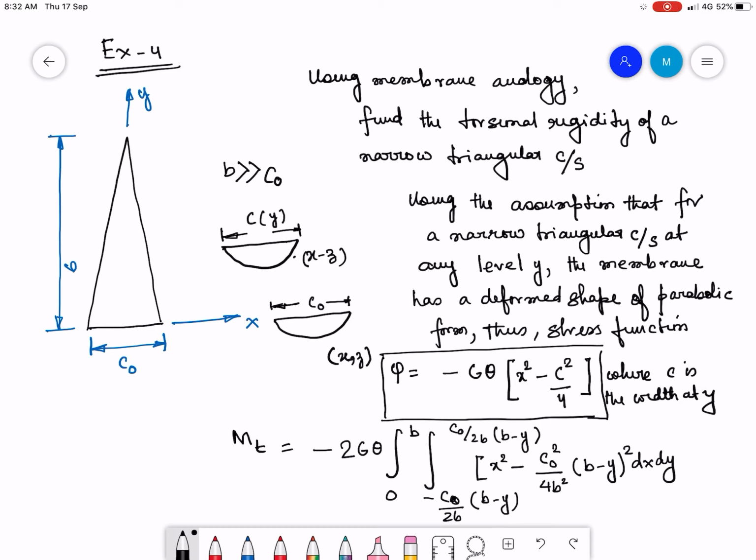What I have done is express C, which is the width of the parabolic deformed shape, in terms of the known parameters C0 and B, and in terms of y, so that we can easily perform the integration. So MT, which is 2 phi dx dy, can therefore be written in terms of this integral. So let us try to evaluate this integral and see how it is going to look.